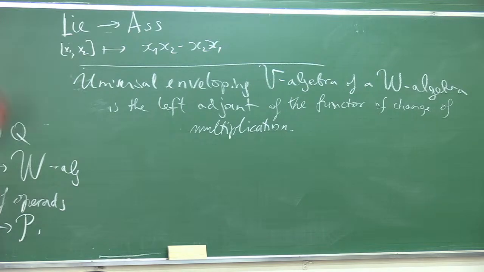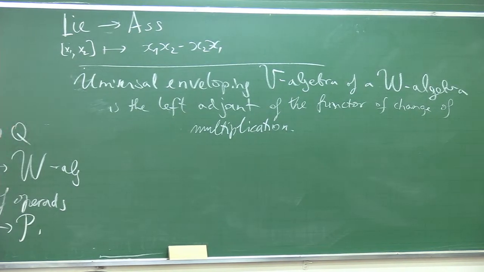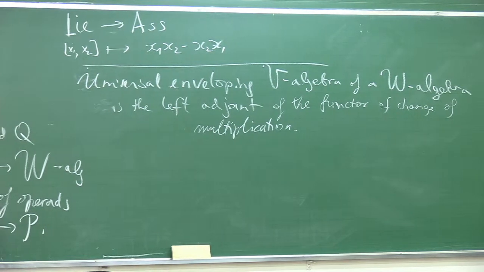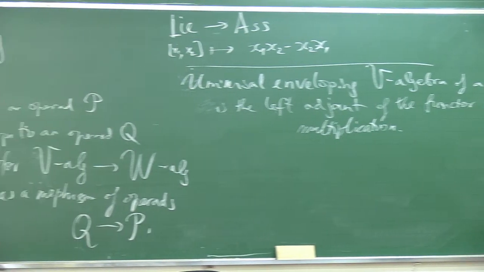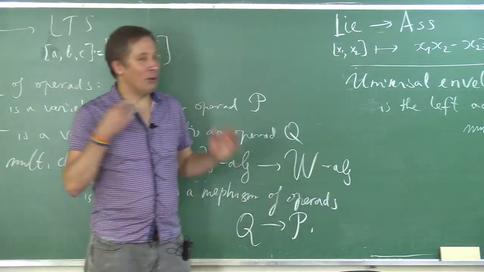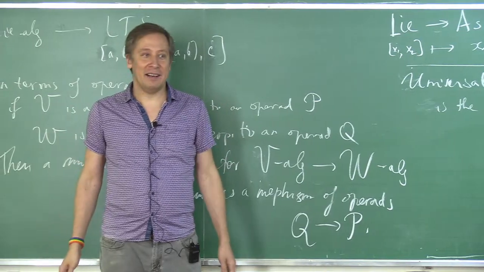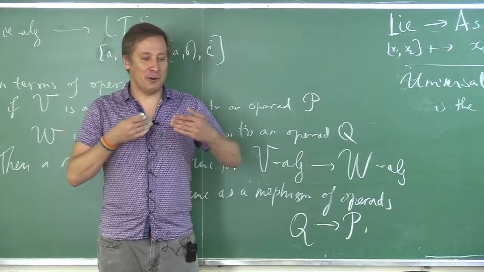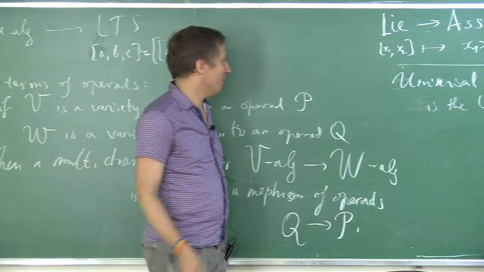So now let me tell the very same thing in the operadic language. You will see how all these monoid constructions can be actually quite helpful to write some elegant compact formulas.